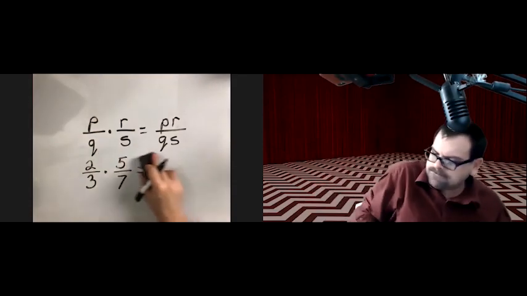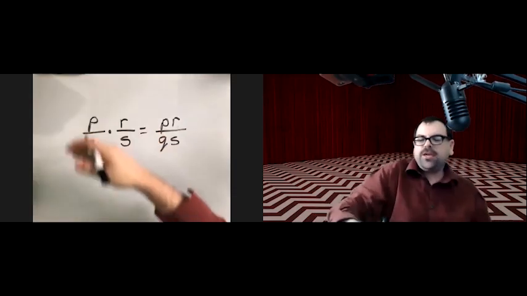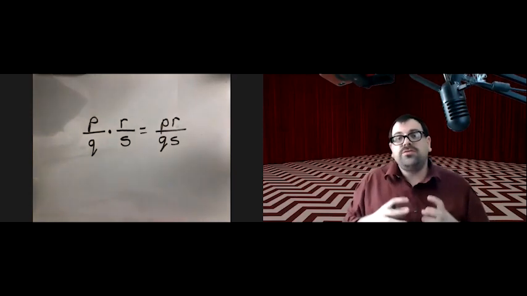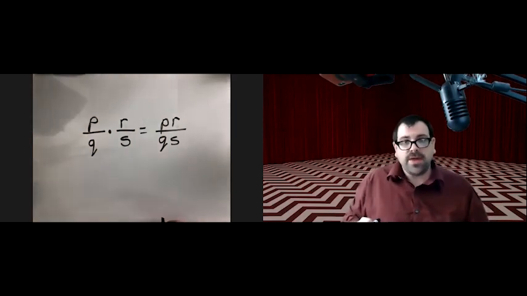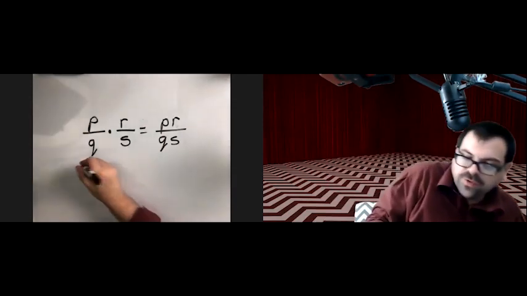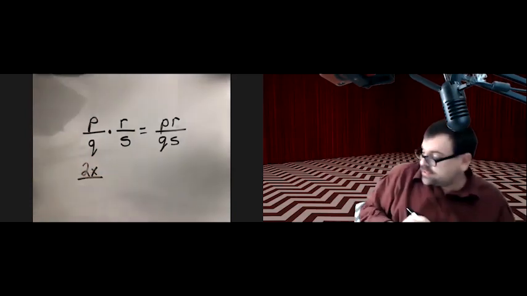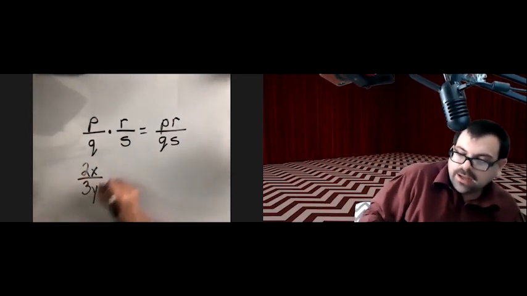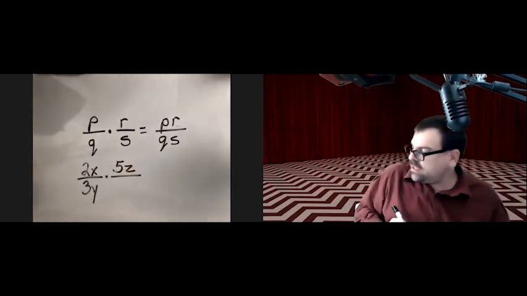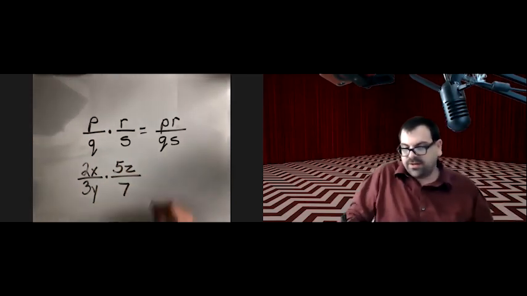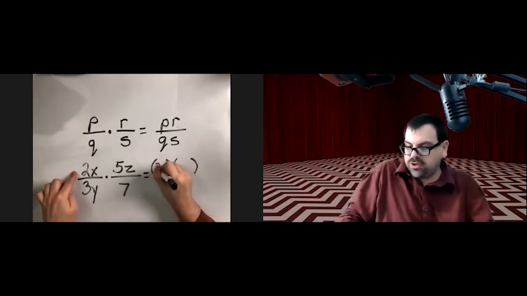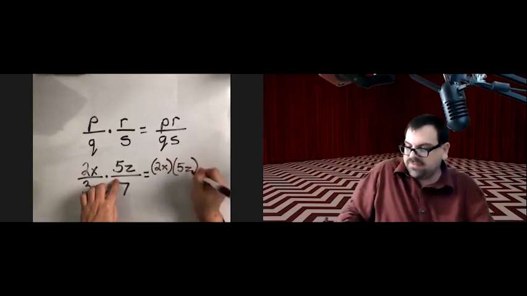Similarly, if P, Q, R, and S were polynomials instead of just numbers, we do the same thing. So if we had 2x over 3y times 5z over 7, we would multiply across the top, 2x times 5z.